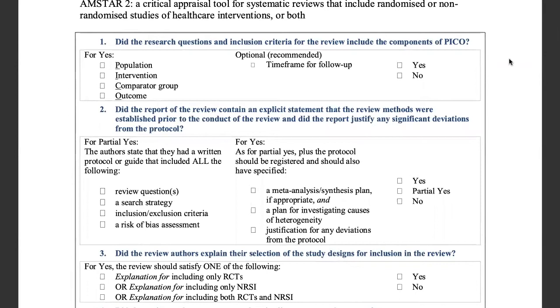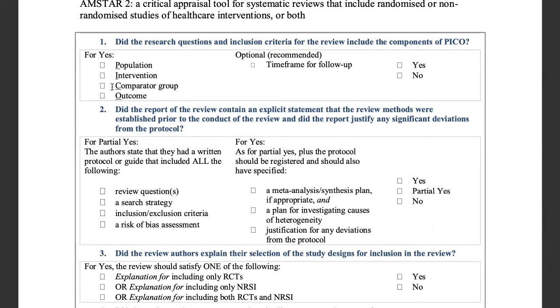Okay, so in terms of the first question, the AMSTAR tool asks if the research question and inclusion criteria for the review include the components of PICO. So we have only two options here, yes or no. For yes, the review needs to report each one of these four PICO elements. So we need to find the population, the intervention, the comparator group, and also the outcome.